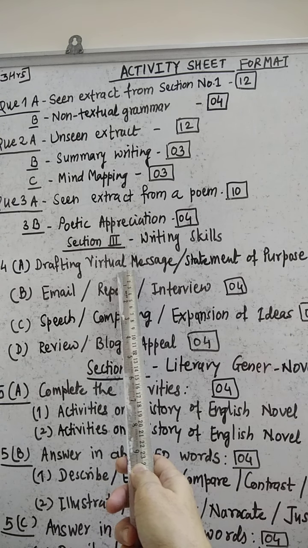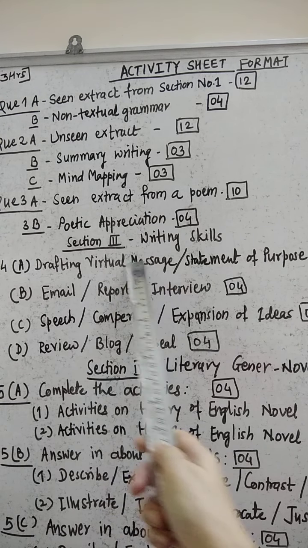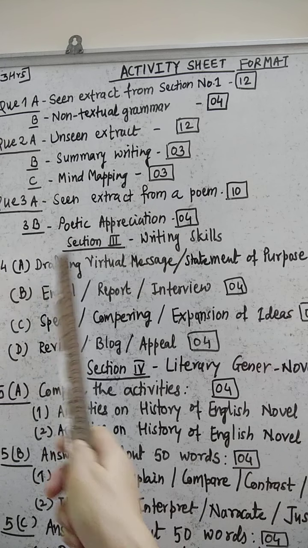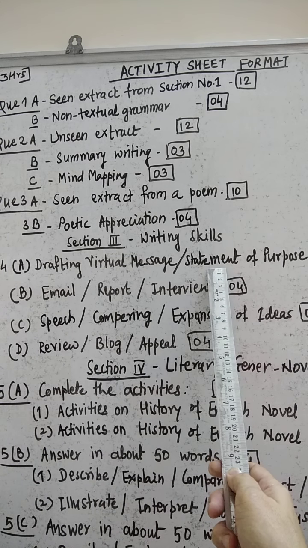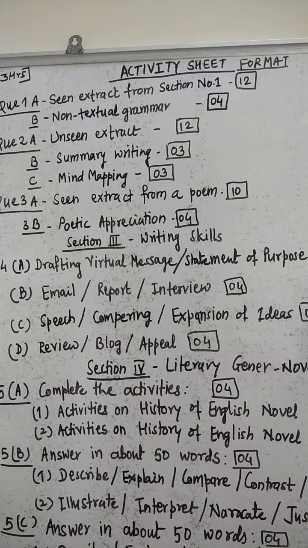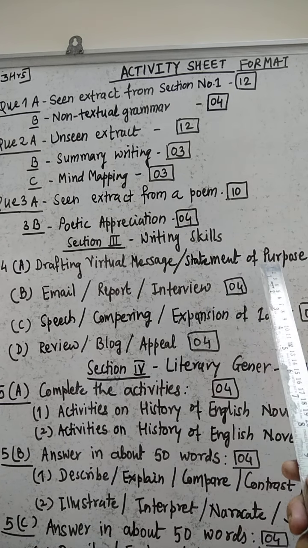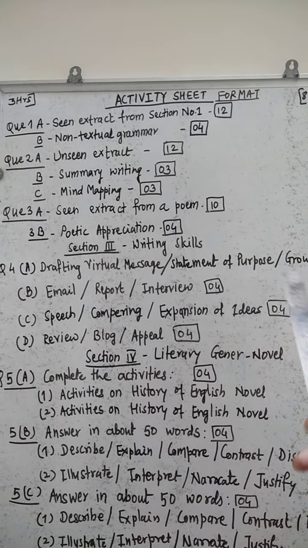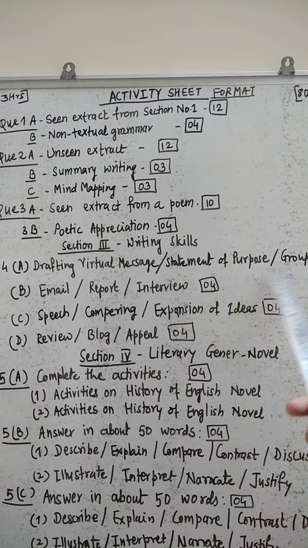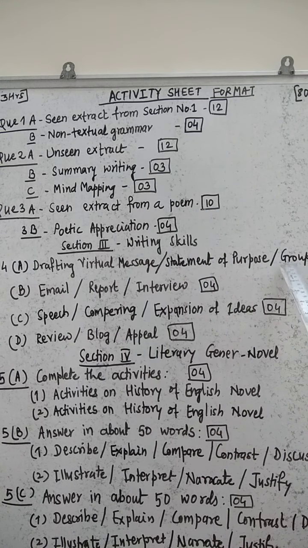All of you know the email. It is a virtual message or a statement of purpose or group discussion. We are going to deal with every aspect in detail so that you will understand what exactly a statement of purpose is, or how group discussion is included in writing skills.